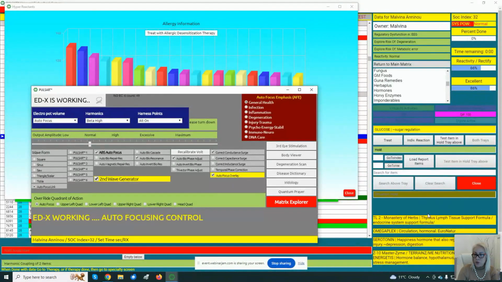Because look here, when we put glucose, the more you're looking in and deepening your awareness on the findings that you're getting, the pieces of the puzzle kind of fit. Here, it gave us monastery of herbs, thymus, lymph, tissue support. So lymph and the thymus are a part of the immune system. So I have some kind of autoimmune issue going on concerning the glucose.